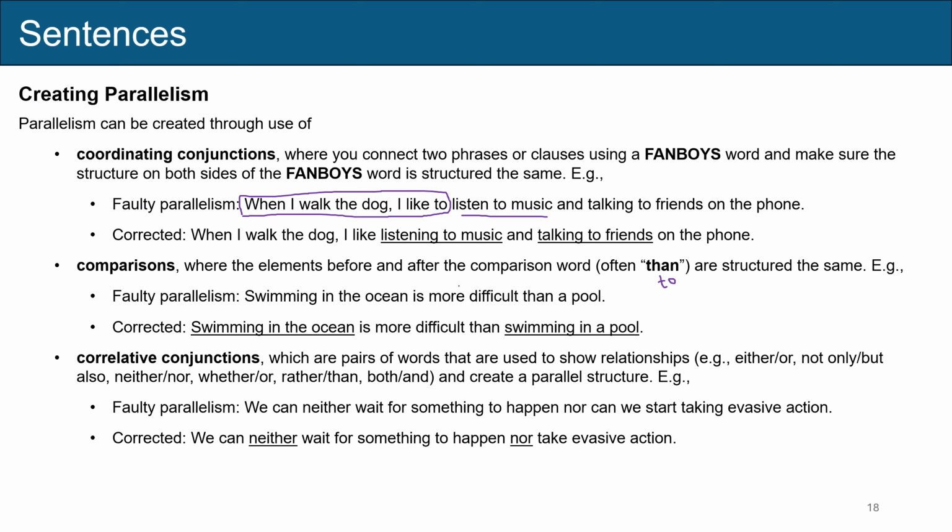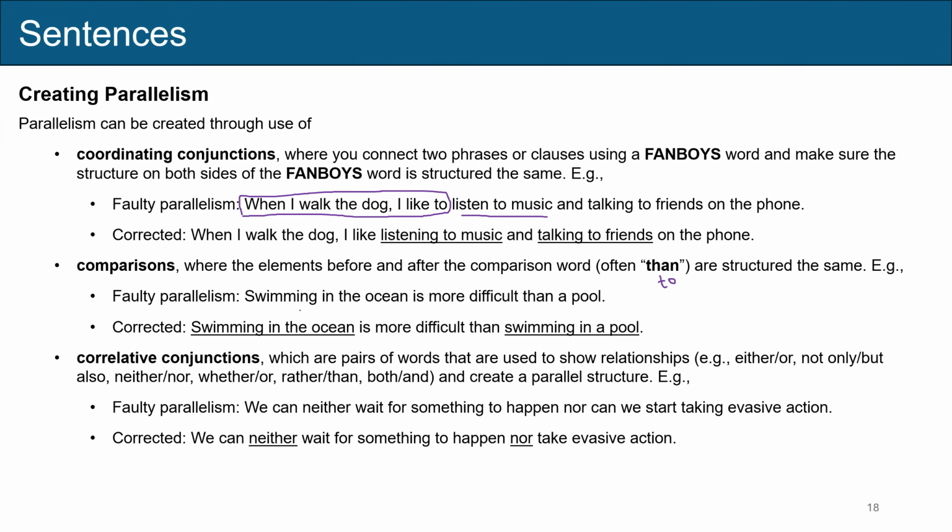Swimming in the ocean is more difficult than a pool. Yeah, we can make sense of that in our heads, but in academic writing things should be easy to translate, so we want to make sure the structure is parallel. Swimming in the ocean is more difficult than swimming in a pool. We've got the structure now the same between both sides of that comparison.